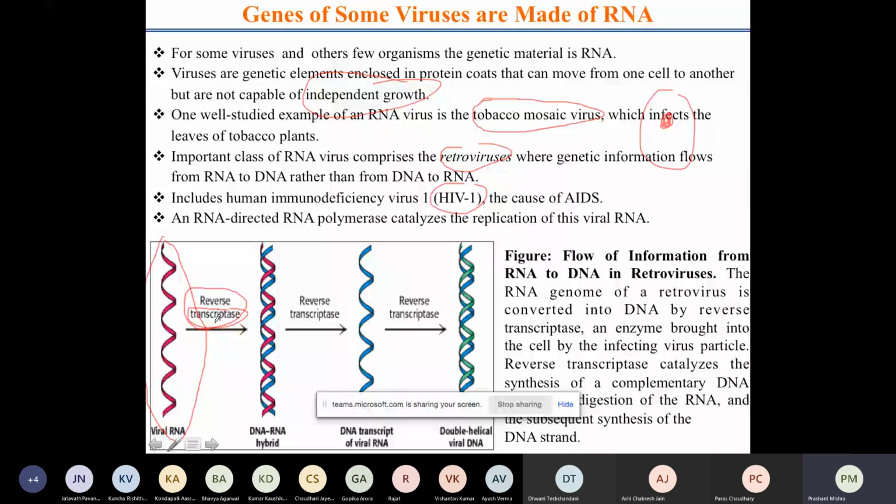Then the information in the messenger RNA, whatever the message is, is translated into functional protein. Suppose I have this messenger RNA. It will have certain nucleotides, a triplet of nucleotides. We call them codons. So you have these codons present in mRNA.